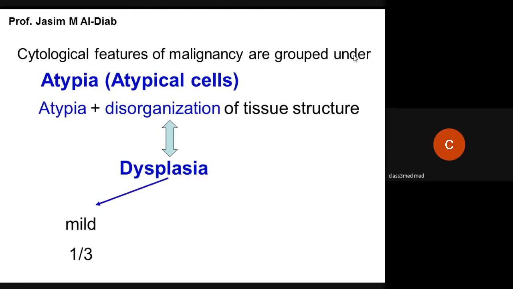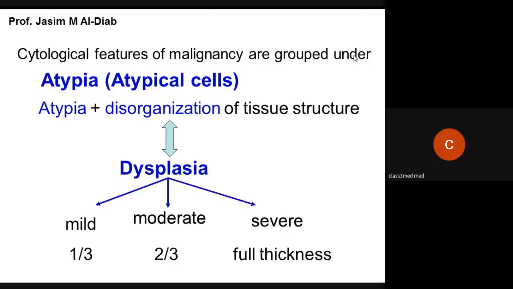Traditionally, dysplasia is classified into 3 grades. Mild dysplasia, when it involves 1/3 of the thickness of the epithelium. Moderate dysplasia when it involves 2/3 of the thickness of the epithelium. And severe dysplasia when it involves the entire thickness of the epithelium.